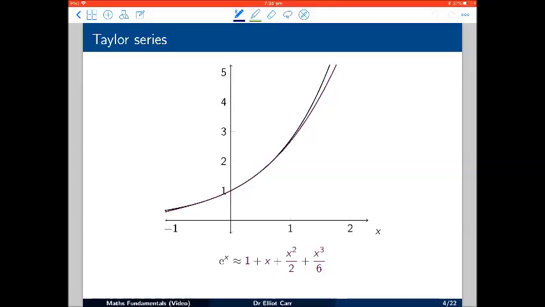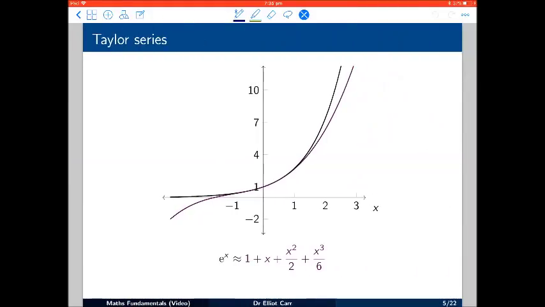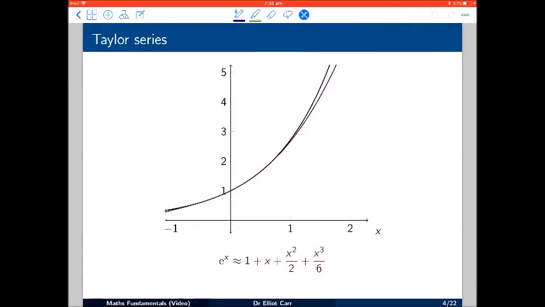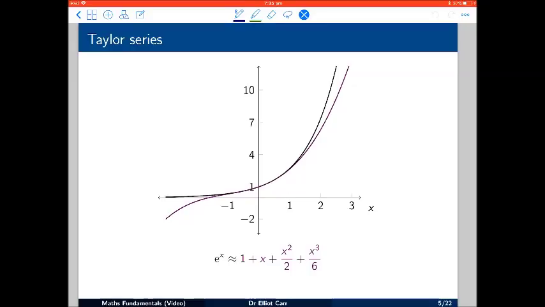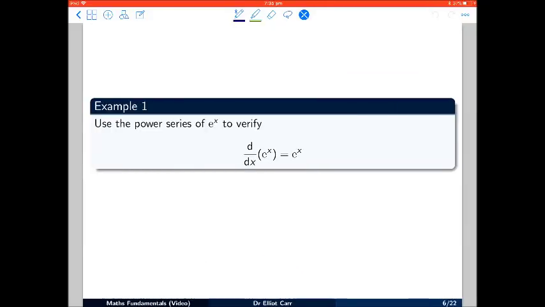And eventually you take more and more terms, the approximating curve is going to coincide precisely with the black curve, y equals e to the x. So we can use this power series of e to the x to verify that the derivative of e to the x is itself.